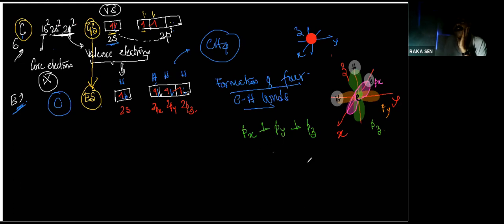So at least three of the bond angles, that means hydrogen-carbon-hydrogen bonds, will be 90 degrees each. There will be three bonds, hydrogen-carbon-hydrogen, at 90 degrees. This is 90, this is 90, this is 90.